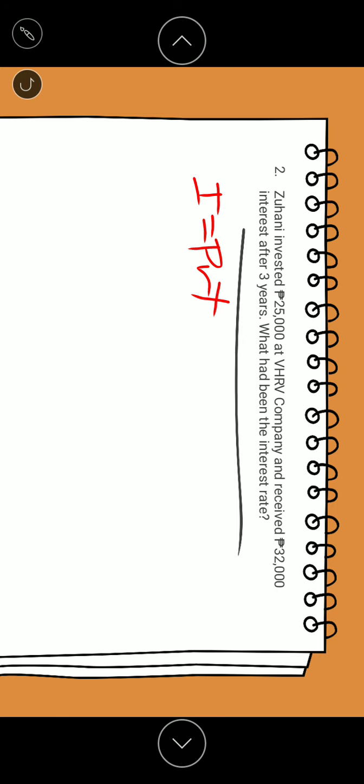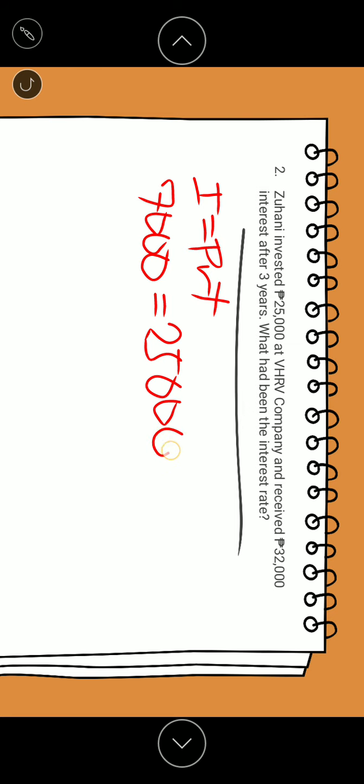So kanina, we have I as 7,000 equals P, the principal, which is 25,000, then since R ang hinahanap natin, which is copy R, then ang T natin or time is 3 years.